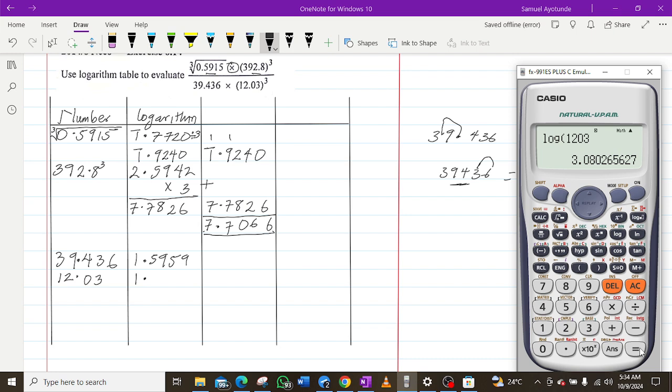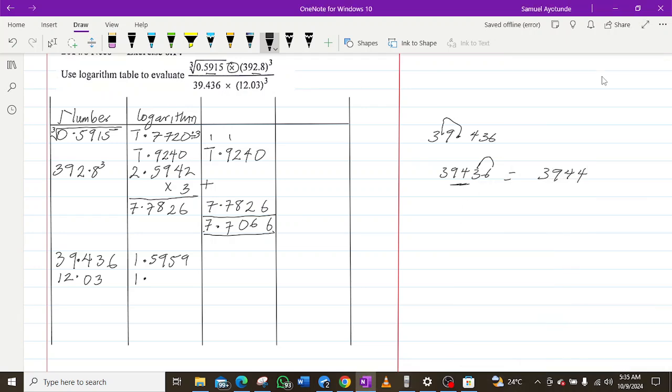So we only take the decimal part, 0802. The number after 0802 is 6. 6 is a number we round up, so 2 will turn to 3. Then we have 0803.